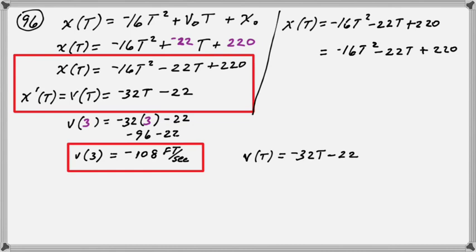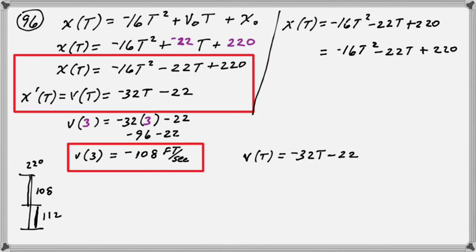If it's at a height of 220, guys, and it's fallen 108, what's its height above the ground? Would it be 328? Would it be 112? Do those add to 220?